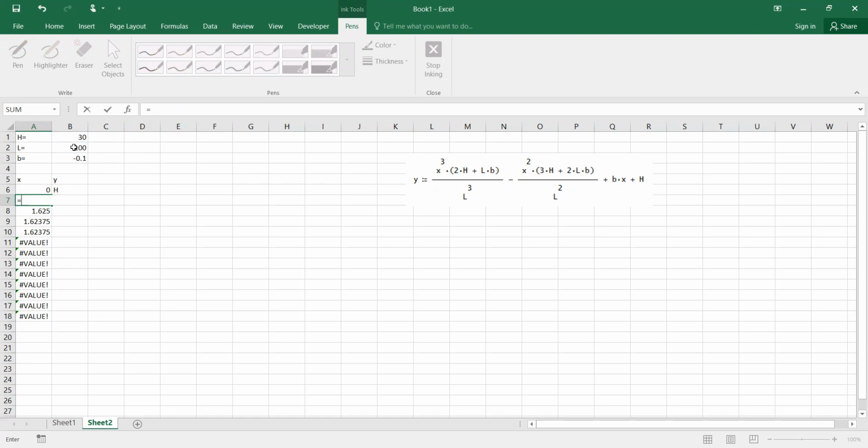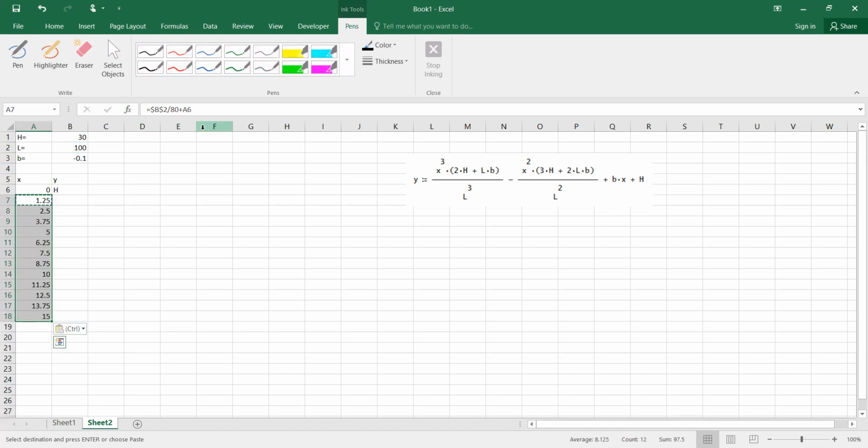Corrected. This one is L over 80 plus, because we are moving with respect to L. Now this one is constant. Now if I move this way, now you write the equation here.